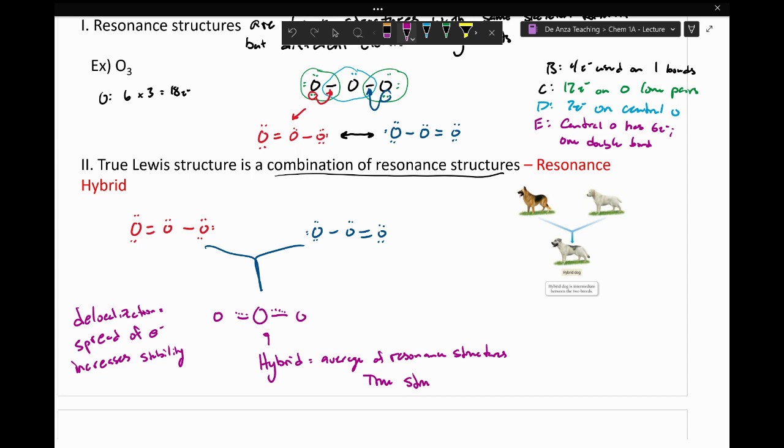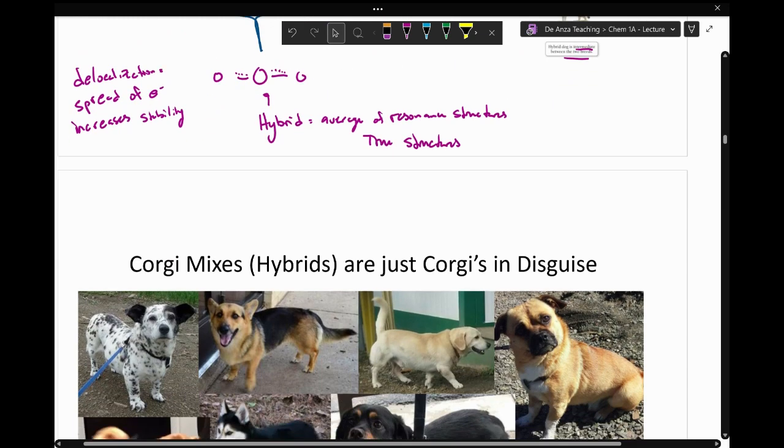And so you can think of this, I think your textbook talks about making a mule, which is like a donkey and a horse. You can also think of this as when we take dog breeds and we take a German Shepherd and I guess a Lab, when you bring them together, you get an intermediate between the two. And so my fun example of this when I think about resonance and forming hybrids is that of Corgi mixes.